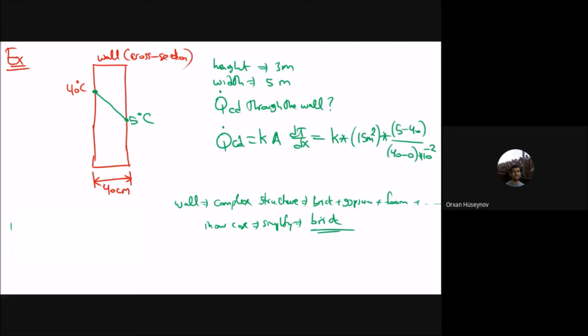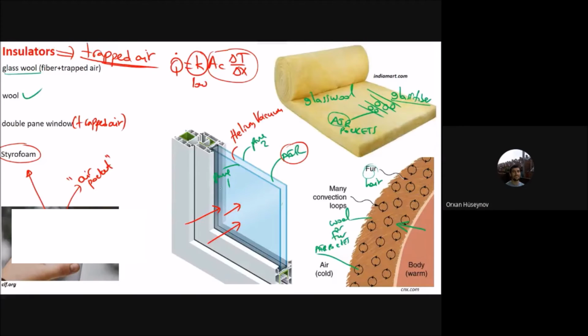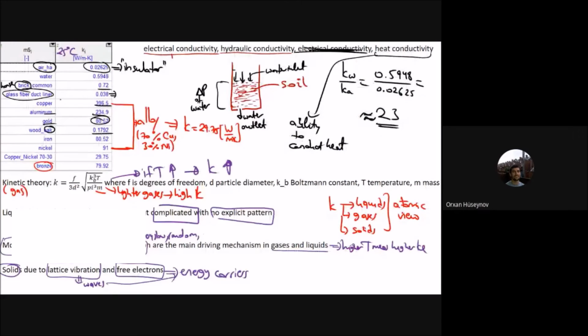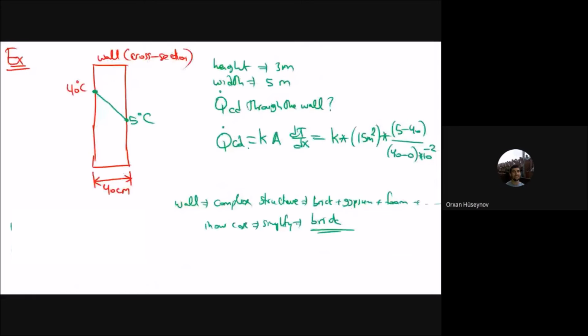If there is only brick, we can put the coefficient of the brick here, which is 0.72. But you have to remember that this 0.72 is at 25 degrees Celsius.